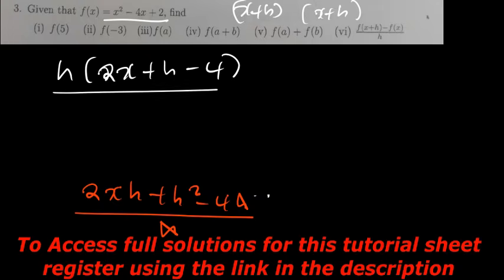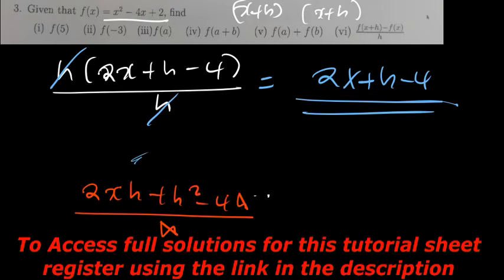Then here there is h. Now I can cancel this h. And my final answer will be 2x plus h minus 4. That's the final answer.